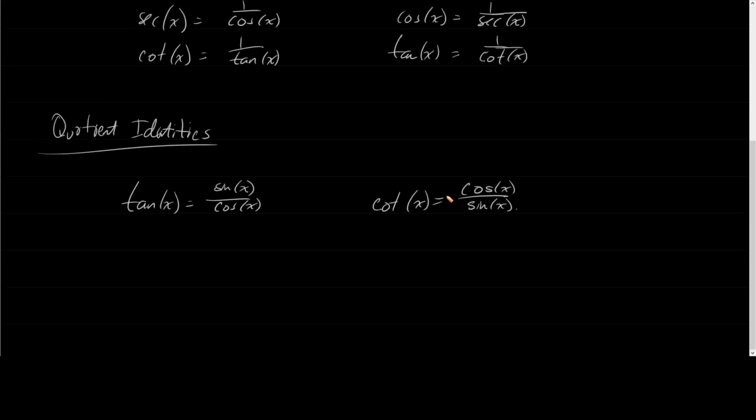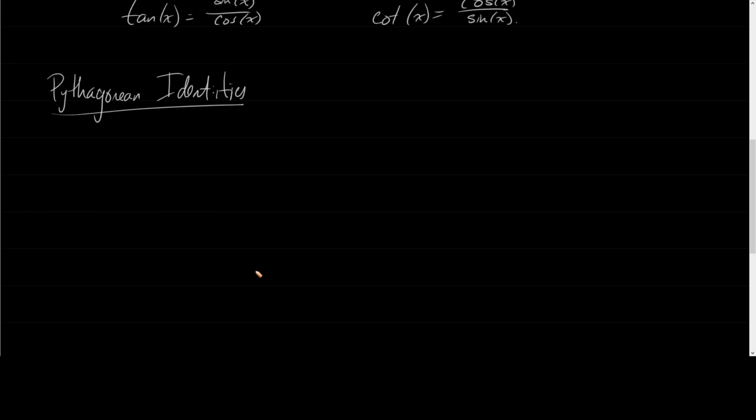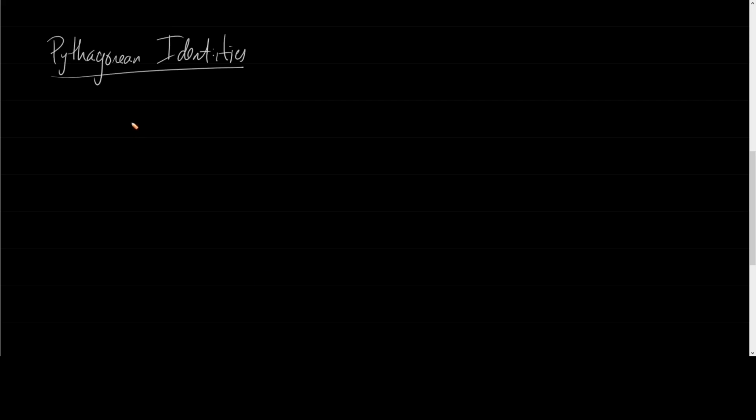We've also spoken about something called Pythagorean identities. And they're all based on this first one: sine squared plus cosine squared is equal to 1. All right.